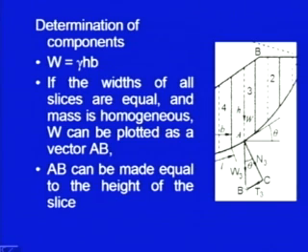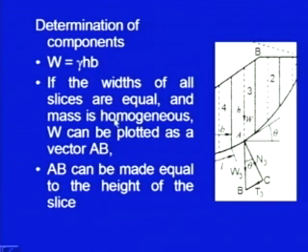So, W is plotted here, and then AB can be made equal to the height of the slice. As far as graphical construction is concerned, we can simply plot this W equal to h only, and when we do the calculations we will multiply it by gamma into b.